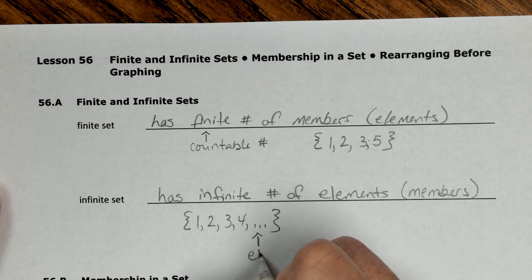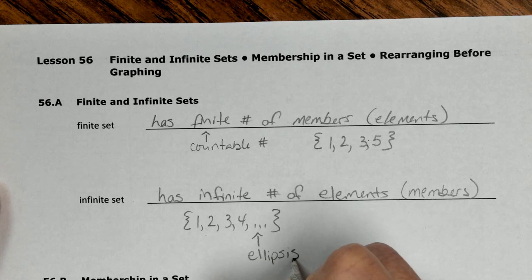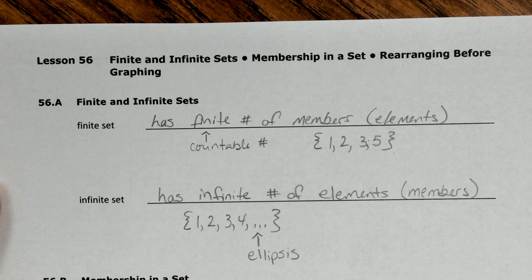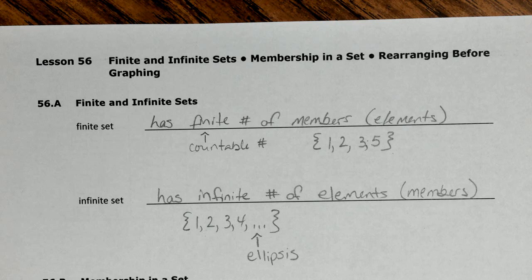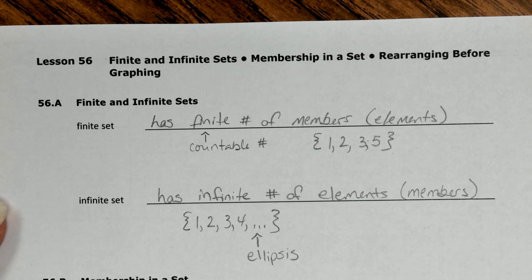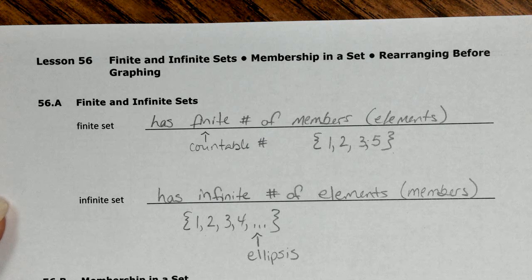It's called an ellipsis. It just indicates that you see a pattern here, and that pattern continues: 1, 2, 3, 4, 5, and so on. Okay, that is an infinite set. That's all we're really going to say about those for now.